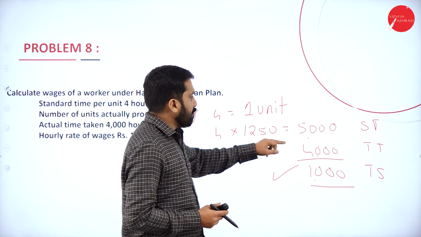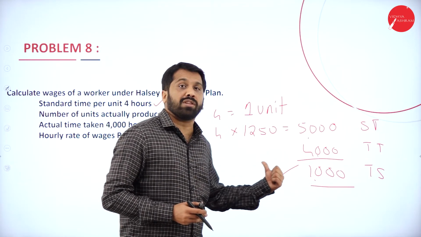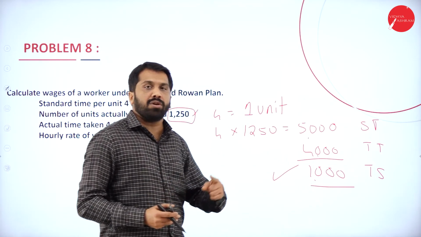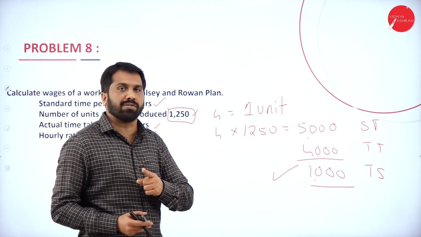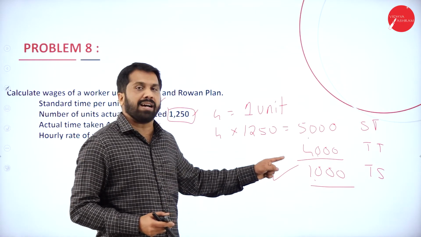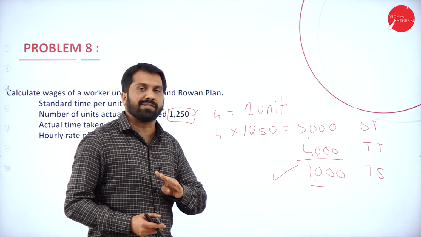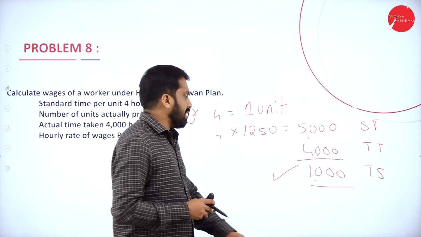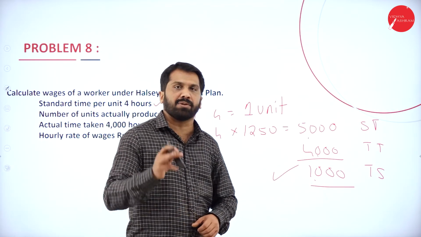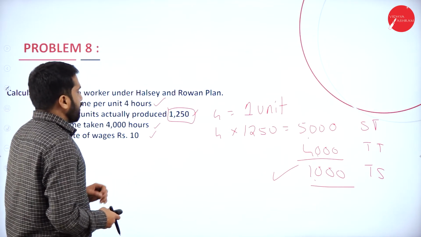Out of 5000, 4000 is the actual time taken. Even though you had time up to 5000 hours, you completed it in only 4000 hours. So you have saved 1000 hours. Hope you are clear. Now, this is done.